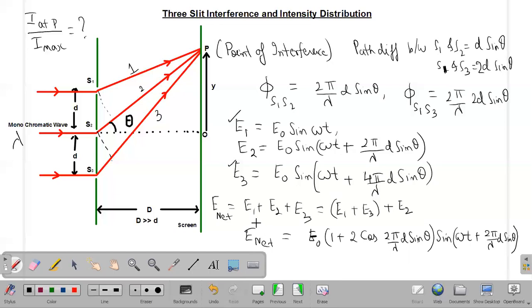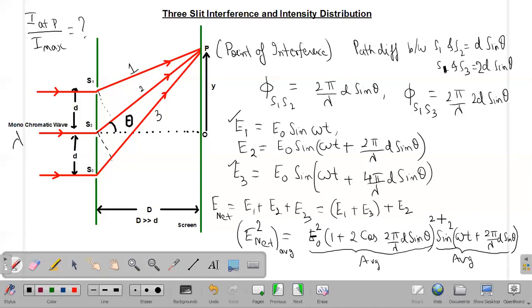Then take the square on both sides, E naught square, then square here and here, and then take the average value. So take the average of this function, and the average of this sine square function.